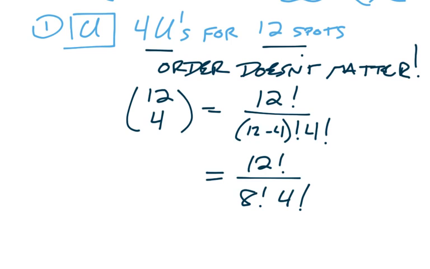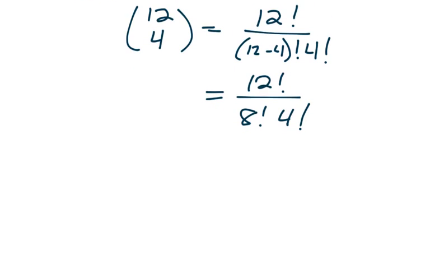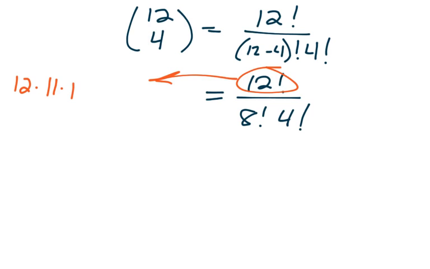The thing that I want you to do here is to recognize that there is an incredible amount of cancellation in every one of these problems. All right, so to see that, let's rewrite 12 factorial. 12 factorial, by definition, is 12 times 11 times 10 times 9 times 8 times 7 times all the way down to 2 and 1.